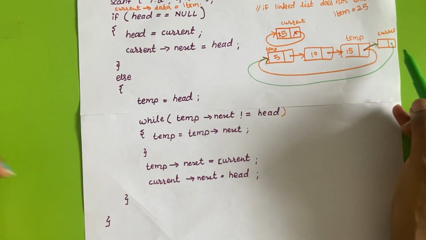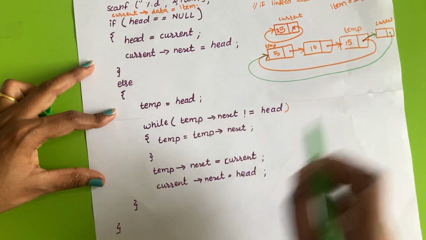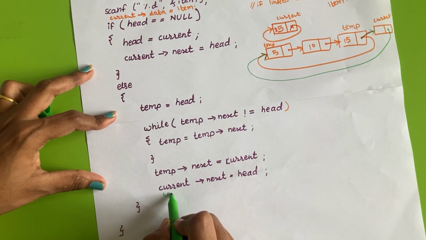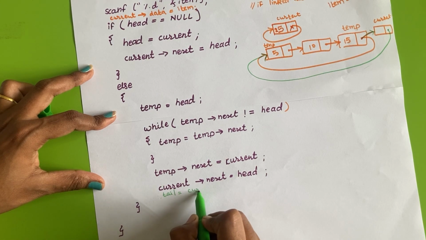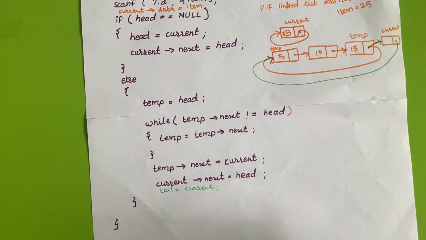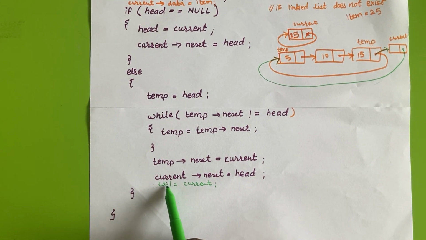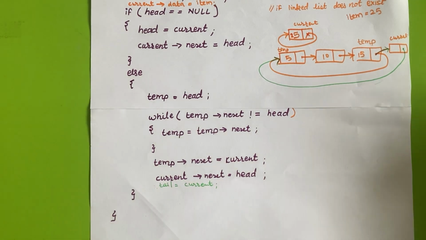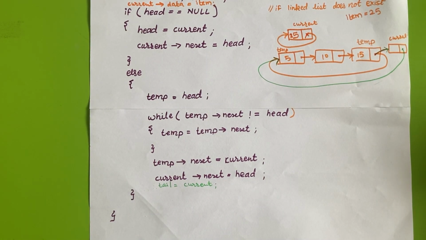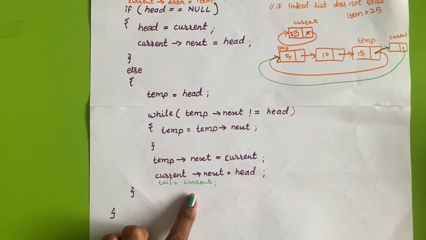Okay, so now we can assign the tail node as the current node also. Okay, so tail is equal to current node, but if we are considering tail node, then and only then we have to make assignment of this tail node. If you don't need to traverse for a tail node, then this assignment is not needed.